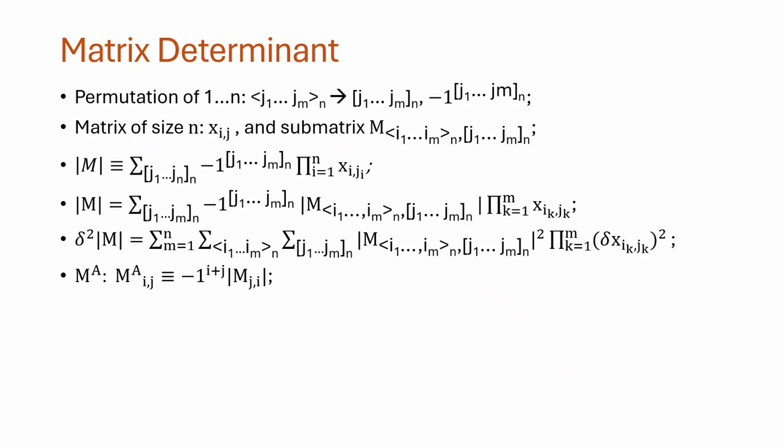We can also define something called a Jagged matrix, which is defined in this way. The important property of the Jagged matrix is that its product with the matrix equals the determinant times the identity matrix. And from the Jagged matrix, we can define the inversion of the matrix using this formula.